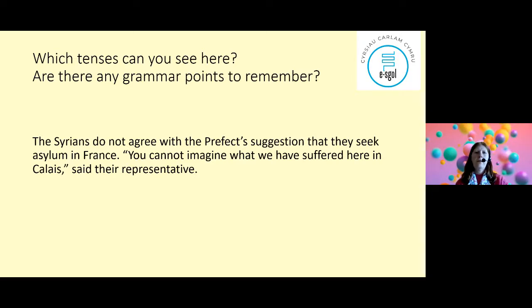A few more seconds just for you to have a look to see which tenses and grammar points you can pick out before we go through it together.